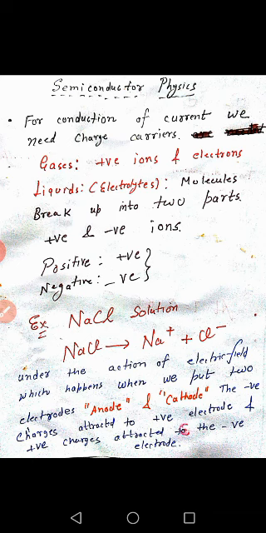This kind of phenomenon we have seen in electrolytes and in batteries. In batteries, H2SO4 is the electrolyte, and it breaks into H plus ions and SO4 double-minus ions. This happens in liquids whenever we conduct electricity through them.